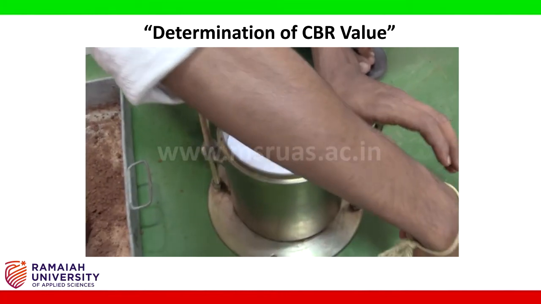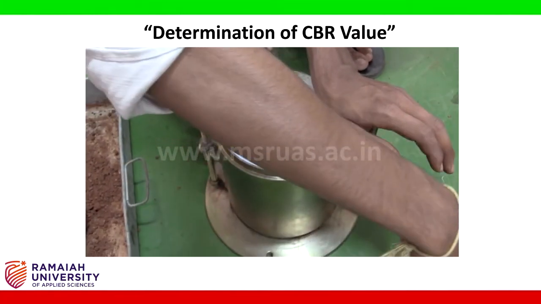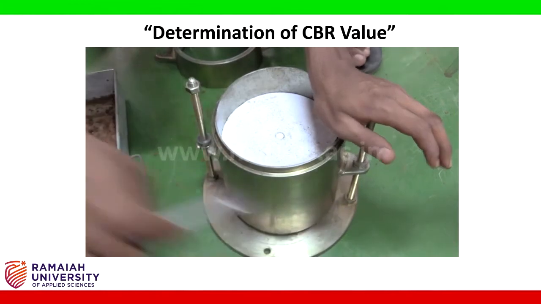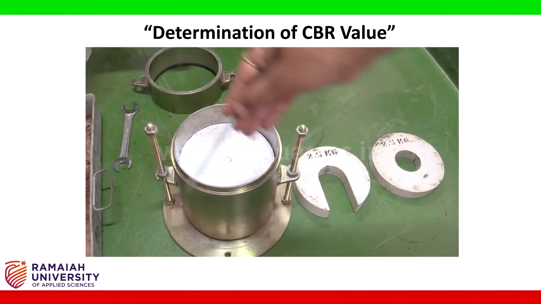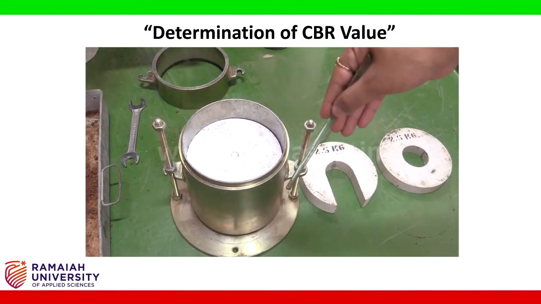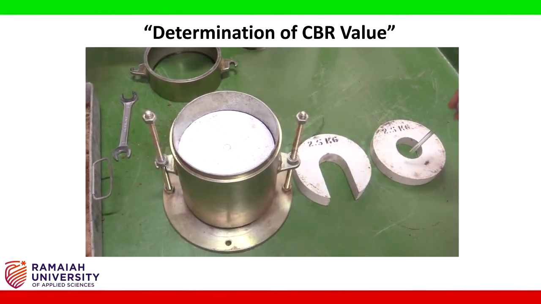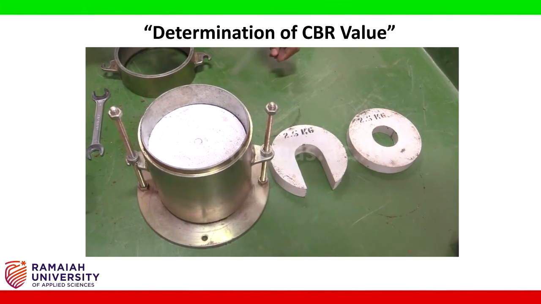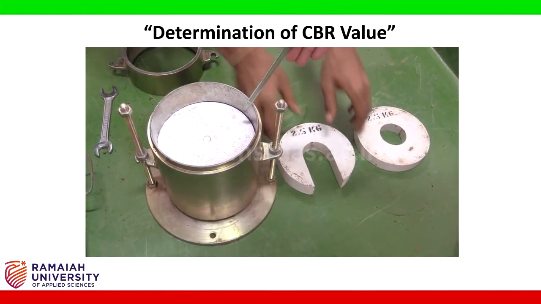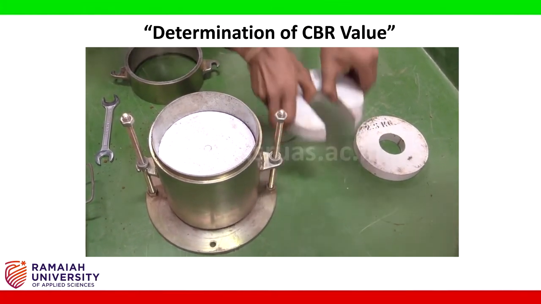Fix the mold back to the base plate by tightening the nuts carefully. Once the mold is tightened firmly with the base plate, it is now time to transfer these surcharge weights onto the mold to begin with the testing process.